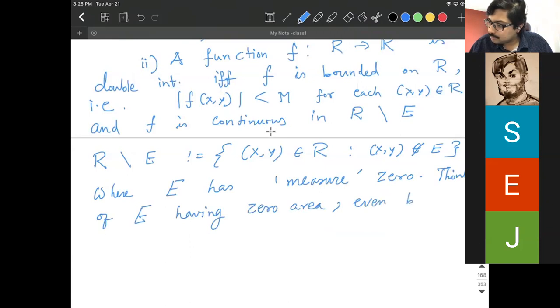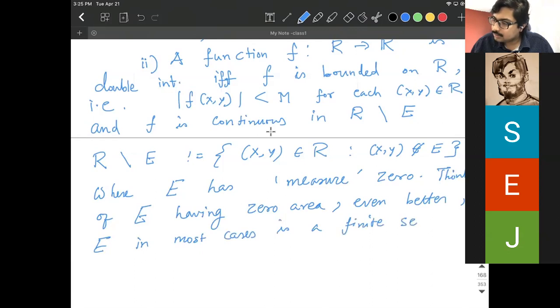Or even better, E in most cases is a finite set.